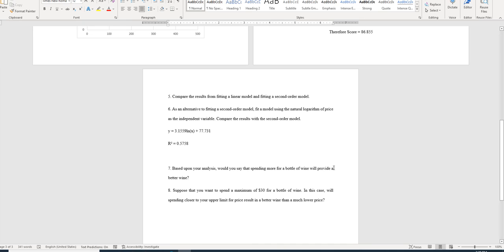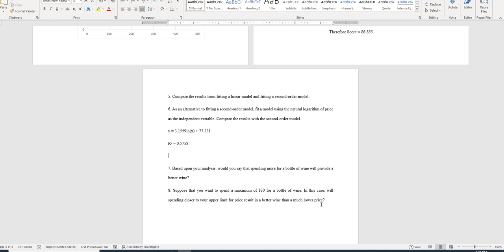It is true, right? From the analysis we can clearly see that you have a regression table which explains that when we give a higher value, it will provide better wine when we spend more money. From the first question onwards, at every stage it clearly shows that when we spend more money, we get better wine. So simply conclude that in 1 or 2 sentences.